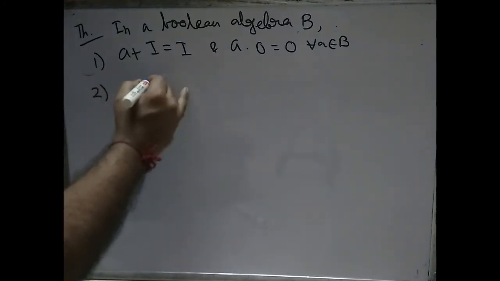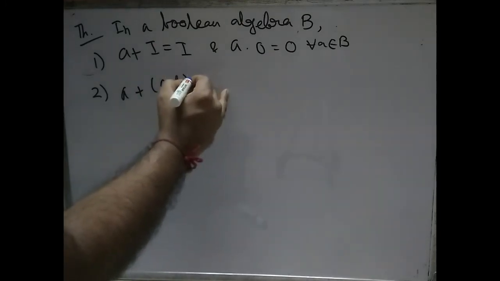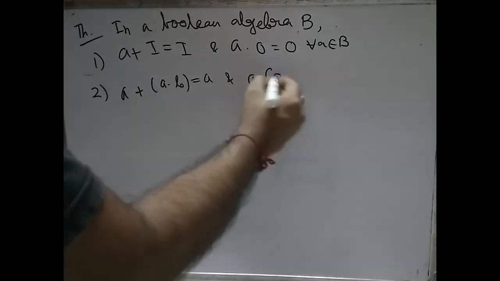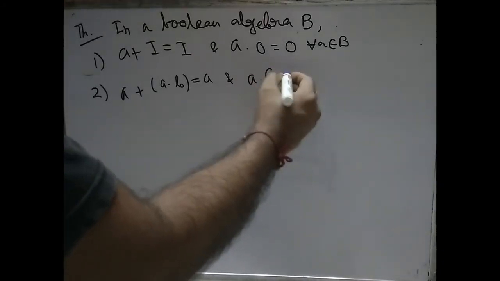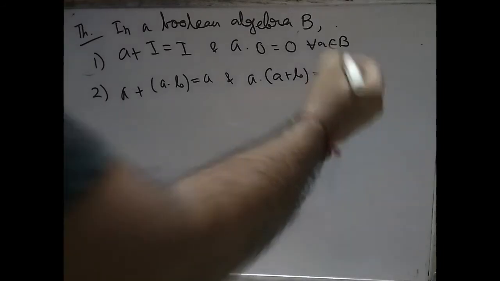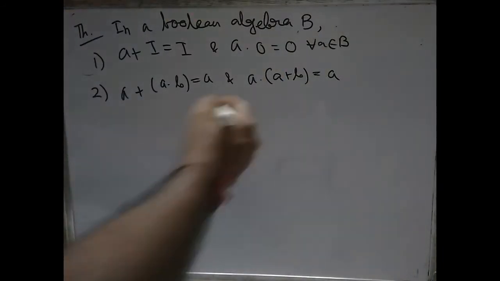This is called absorption. Okay. In set theory, in poset, the properties are very similar. Okay.